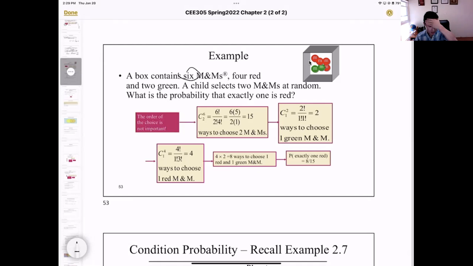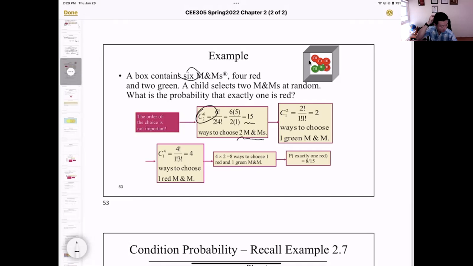The child selects 2 candies out of the 6, but which one is the first pick and which is the second pick doesn't really matter. So the order of choice is not important here. We only care about the color. So that is a combination question. We should use C(n,k). We choose 2 candies from a total of 6 possible. After calculation, we found out we have 15 ways to choose 2 candies out of 6 candies.